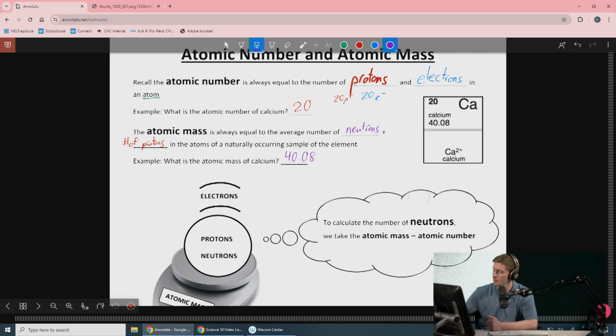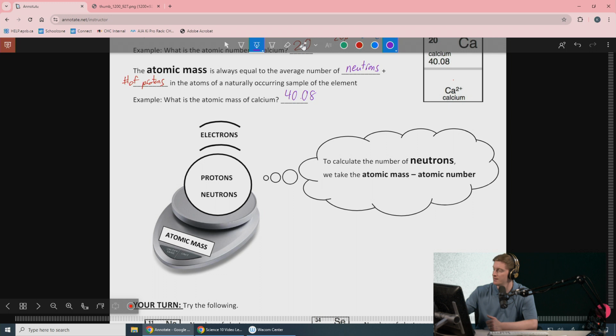To calculate the number of neutrons, because atomic mass is neutrons plus protons, we can rearrange that with a little bit of algebra. So I'm just going to write that here. Atomic mass equals the number of neutrons plus the number of protons.